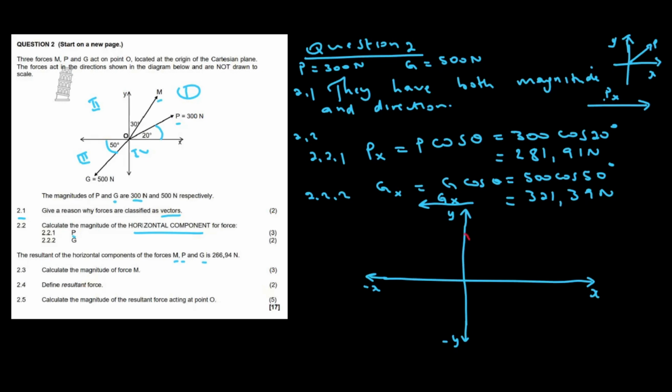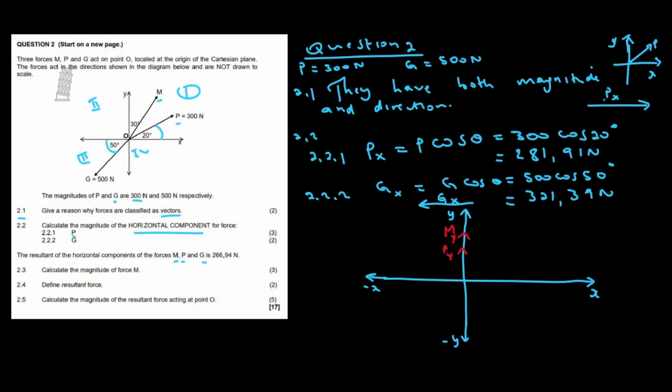So I can include this force and call it M in Y. Also upwards, I'm going to have P in Y, because P is in the first quadrant, so Y is upwards.